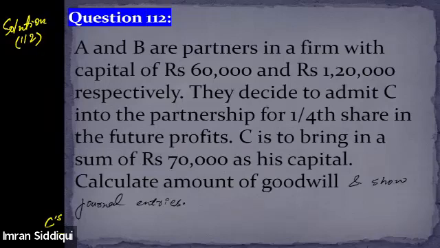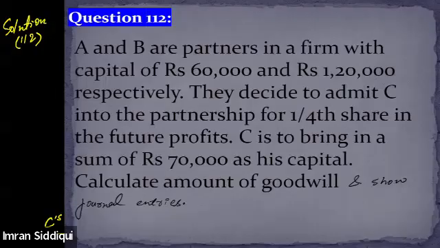So I got goodwill 30,000. You got the goodwill as 30,000, that is right. And how much will be the share of C in the total goodwill of the firm? What I'm saying is, what will be C's share in the total goodwill of the firm?